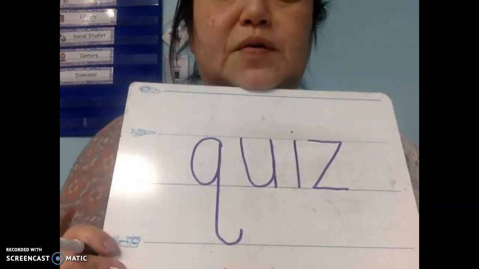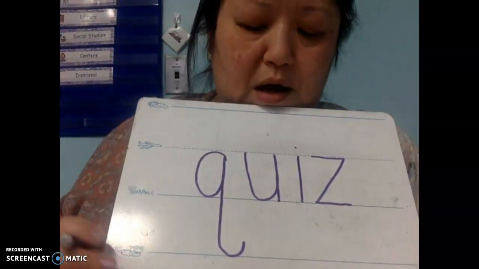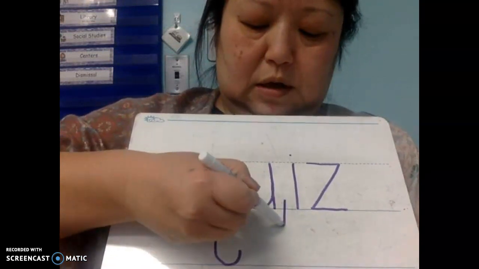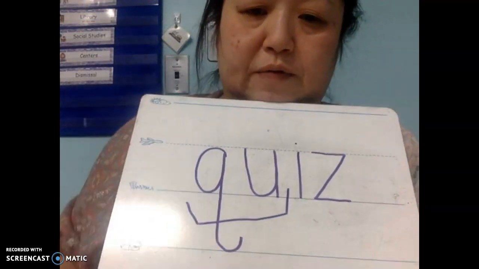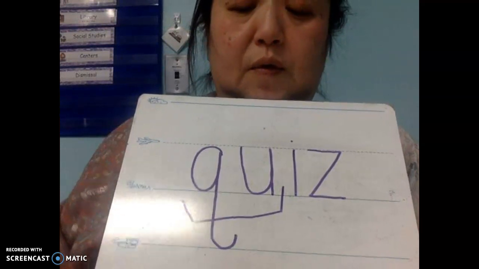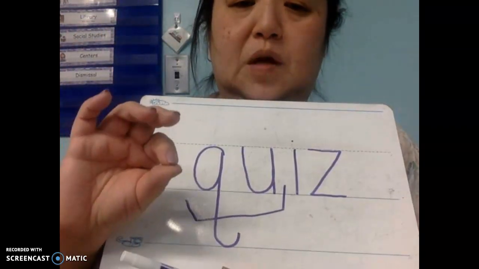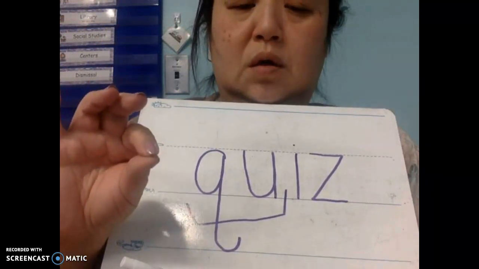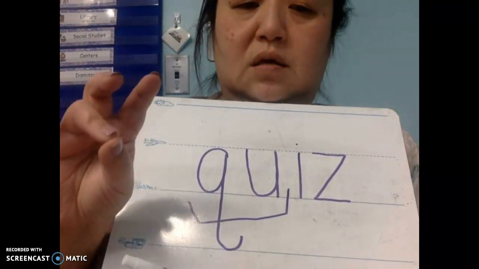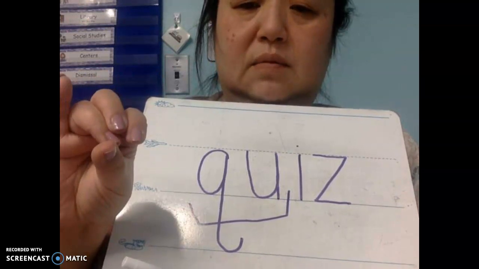So this was the first word that we tapped, and we talked about how we needed to remember that the Q and the U, even though they're two different letters, make one sound. So it's still going to only be 3 taps. Okay, so this one would be qu, i, z, quiz.